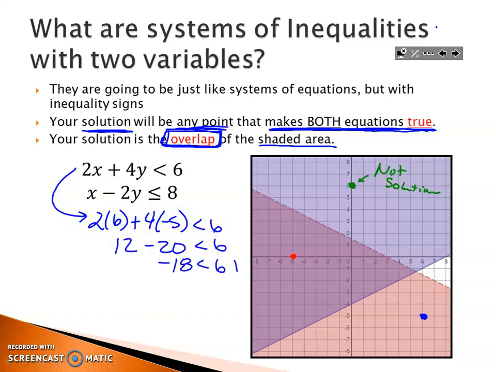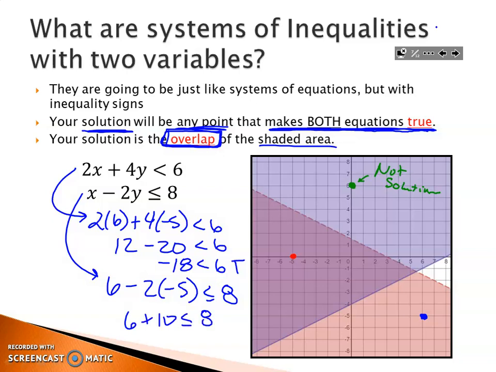So that is true, which is what we expected it to be. Versus when I look at this one, 6 minus 2 times negative 5 less than or equal to 8. 6, and then a negative 2 and a negative 5 gives me a positive 10, so 16 less than or equal to 8. That would be false, not true. Which makes sense. My order was flipped. Last time it was false, then true. Now this one is true, then false, because it's true for the red, but not for the purple. Okay? So those are not solutions.